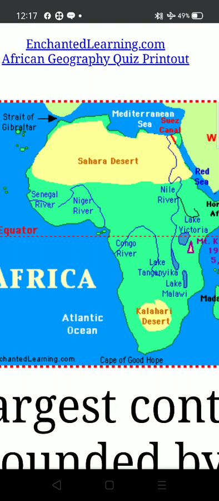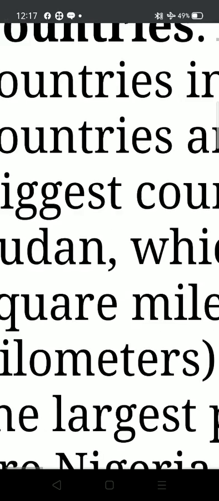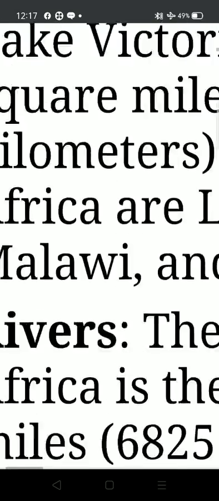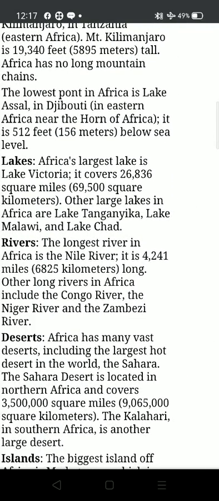Then from these fresh lakes, you can see the rivers which take birth. Africa's largest lake is Victoria, as I said.